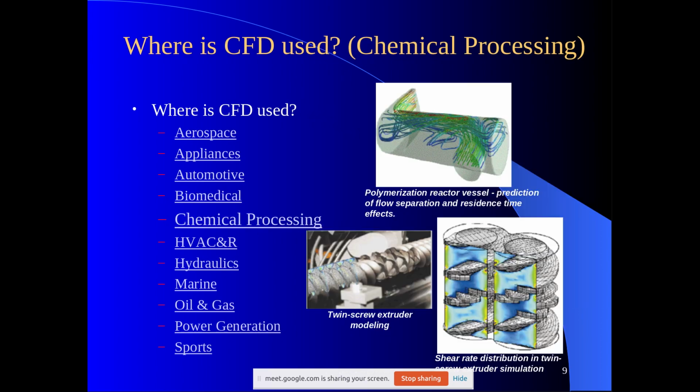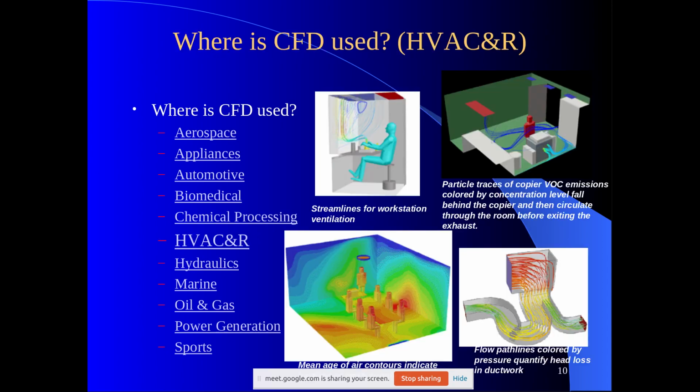Chemical processing, many industries, you have different types of chemical processes. HVAC and R means heating, ventilation, air conditioning, refrigeration, etc. I think you know what it is, right? You can simulate the entire room, which is air conditioned, in such a way that every part of the room is properly air conditioned.